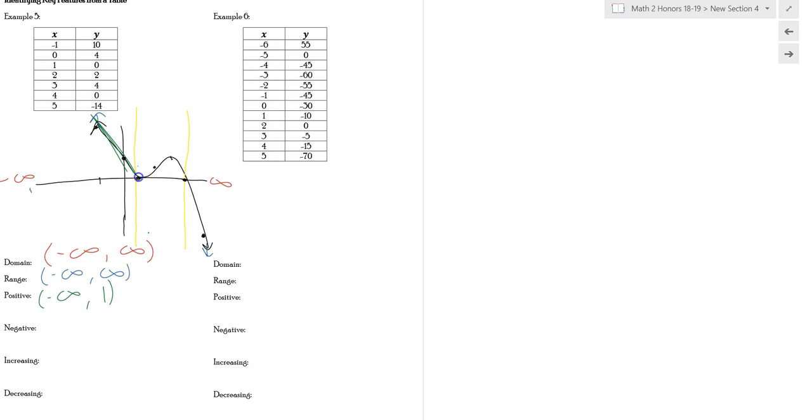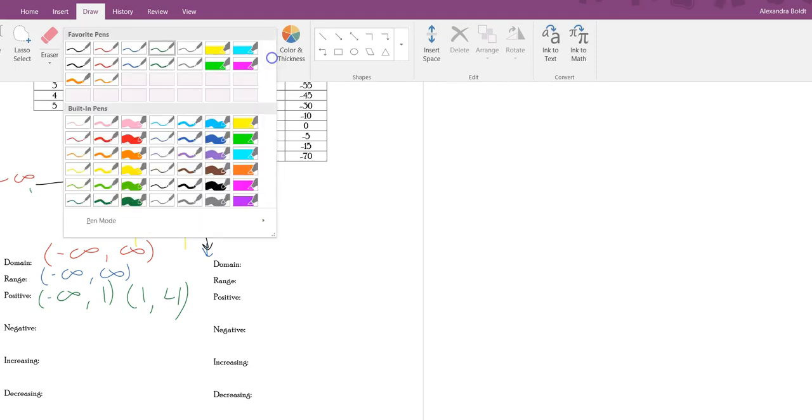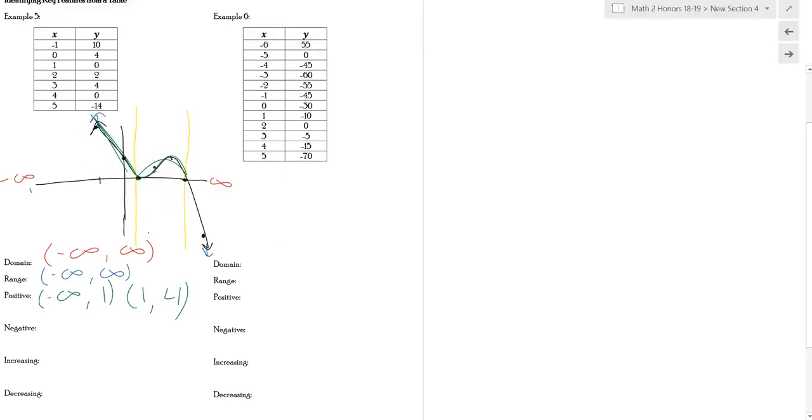If we look at our next line, this is still all positive. So that's 1 to 4. And then the next part is negative, dropping down to here. So that's starting at 4 and going till positive infinity because it's on the right-hand side.